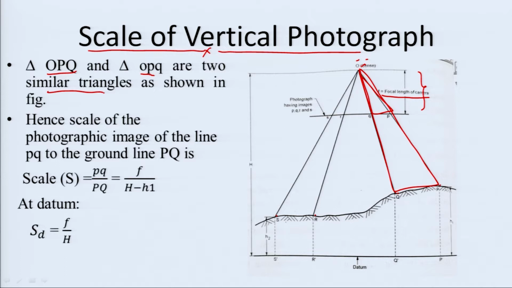It can be defined as small pq upon capital PQ, equal to f upon H minus h1 for point P. And if we are finding the scale at datum level, then it can be represented as f upon H, that is the scale at datum level.